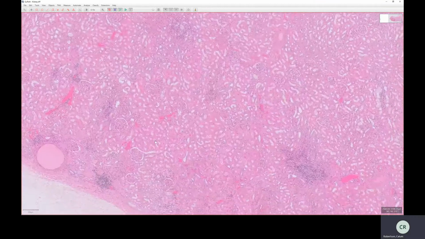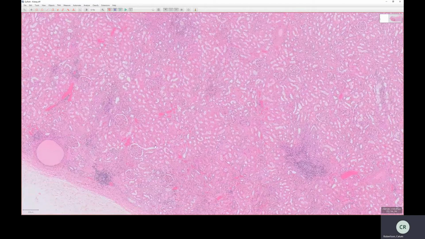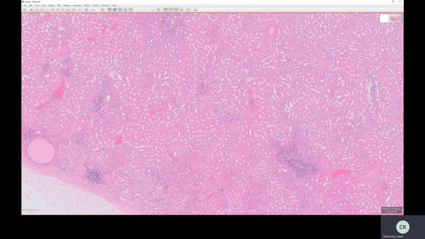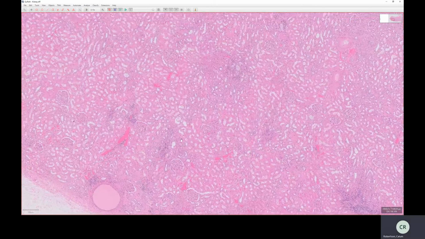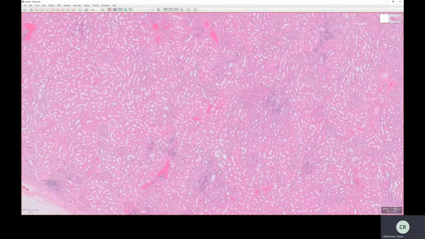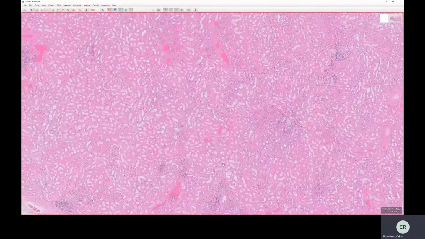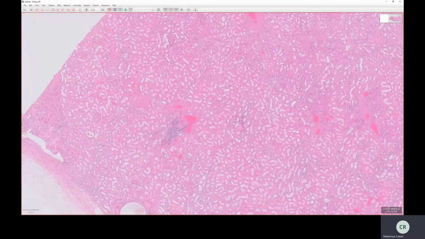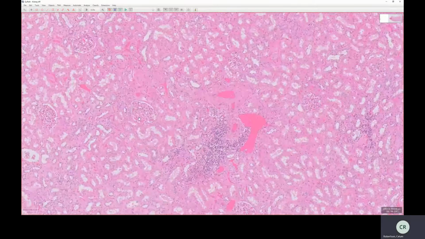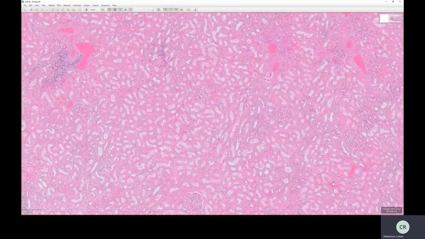So the renal corpuscles, we're probably not going to get a really good section of this, but they are fed by afferent arterioles. Sometimes you can see the afferent arterioles leading into the glomeruli. I'm not seeing that so far.